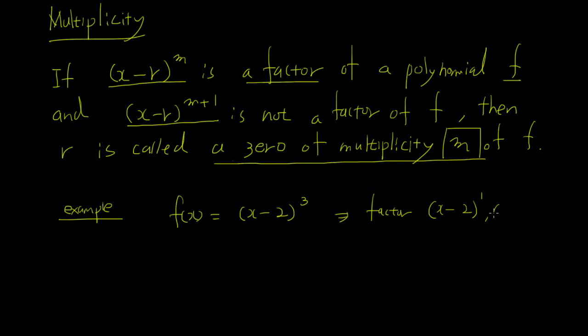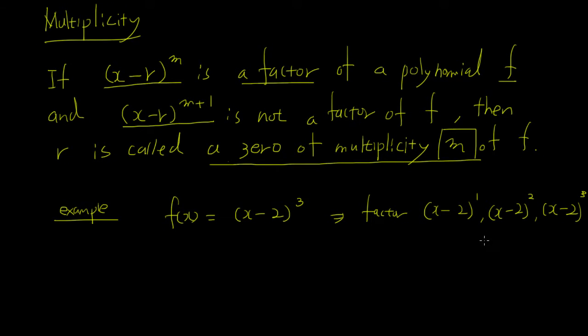A factor also can be (x minus 2) squared. A factor also can be (x minus 2) to the third. Can't really see (x minus 2) to the fourth as a factor. Why is that? What's a factor?